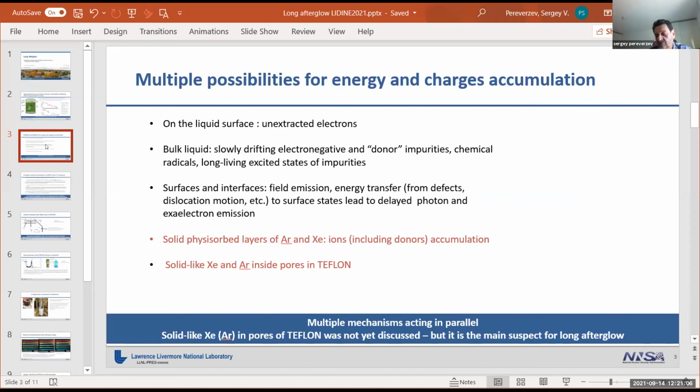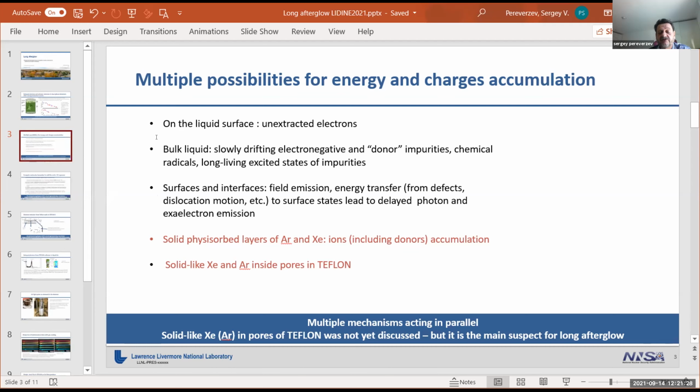So we need to understand that there are many mechanisms which can lead to energy accumulation and charge accumulation in materials, and release of this energy and charges, which will lead to delayed electron and photon emission.